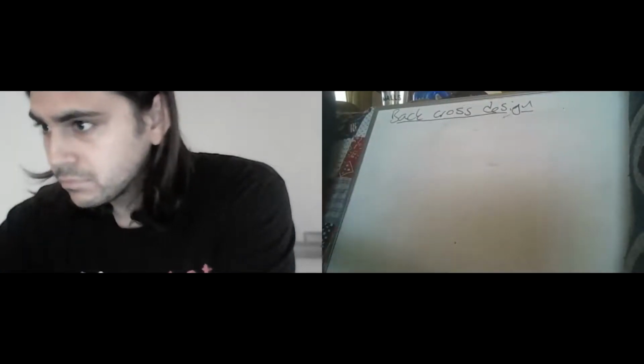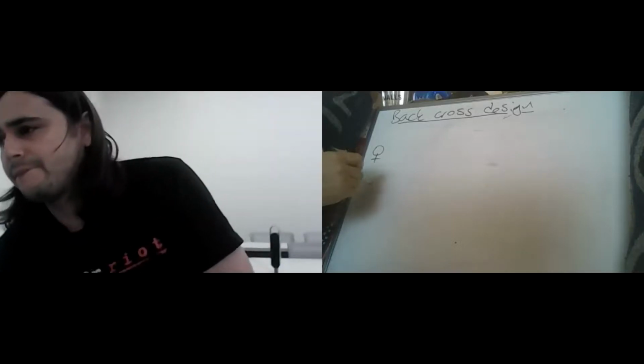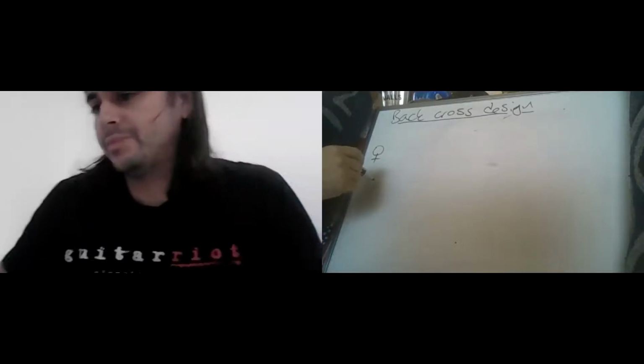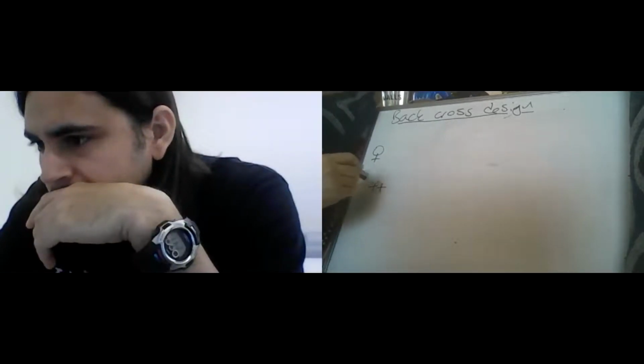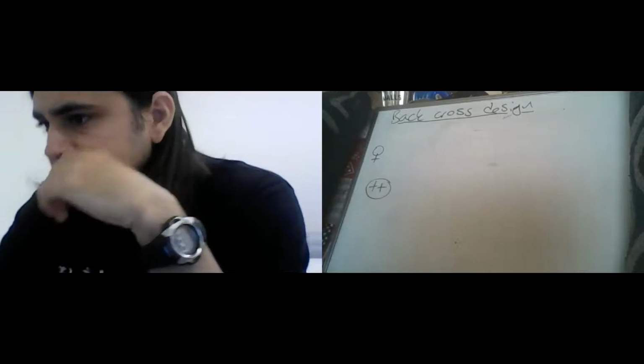Okay, so we could do this as a Punnett square, which is like the surefire way of figuring out what your offspring are going to be like, right? So from the mother, we have a plus plus gamete.